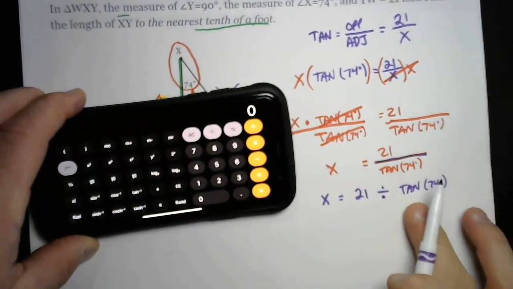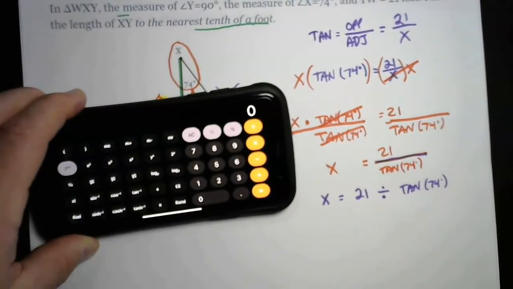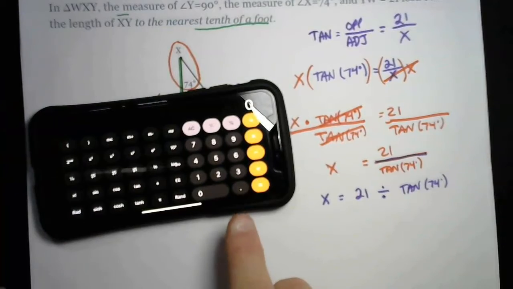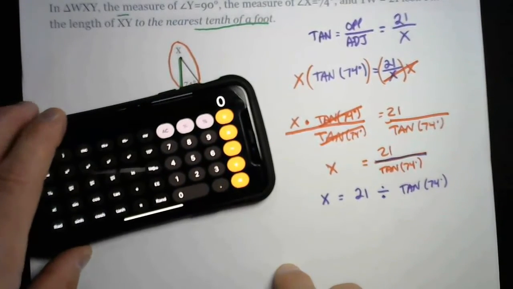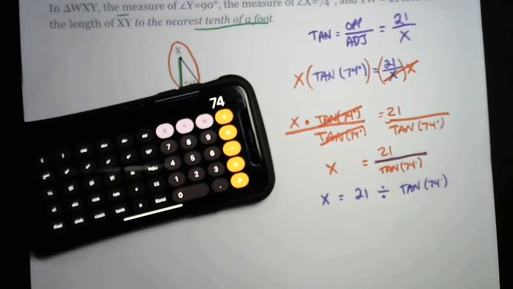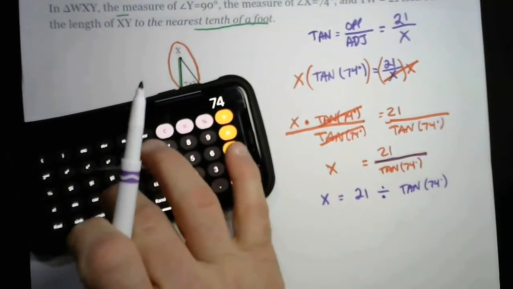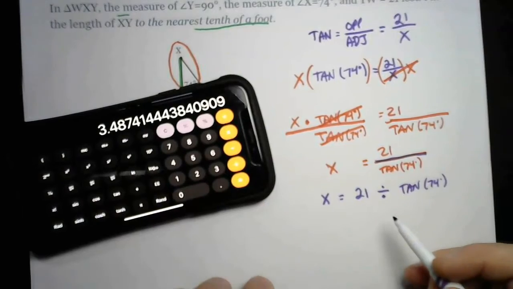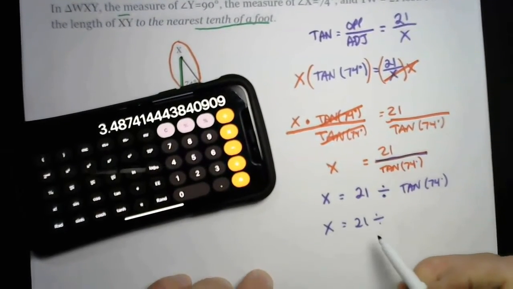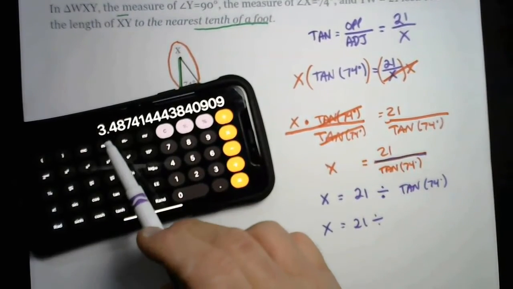So I'm going to put in 74 and then press the tan key. Tangent of 74, 74, and then press tangent. Boom. And I have 3.4874. So I can now rewrite this as x equals 21 divided by 3.4874.